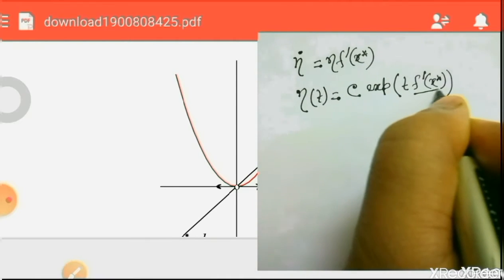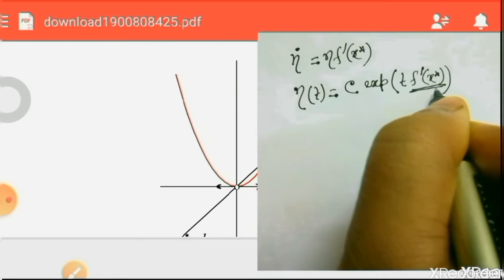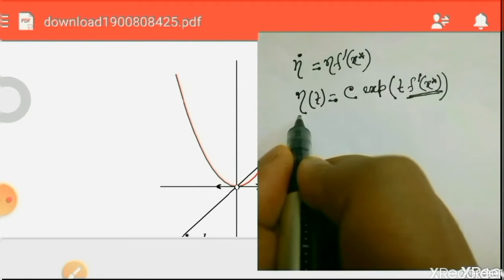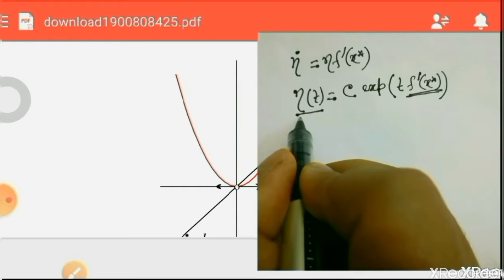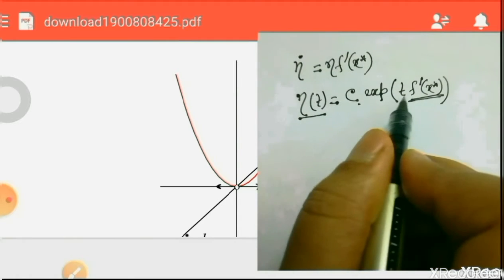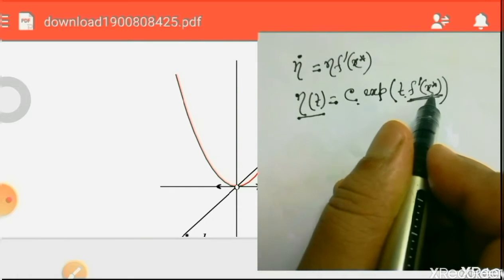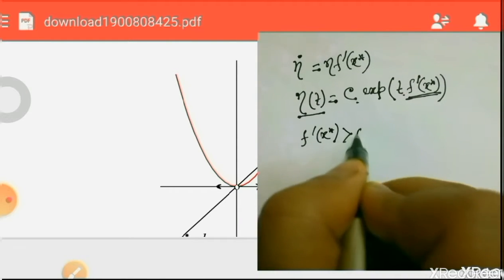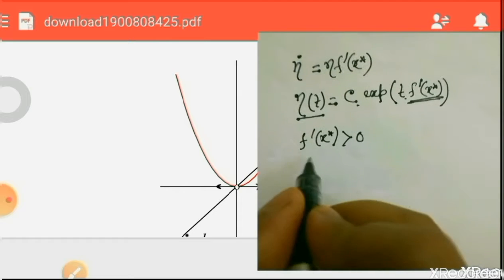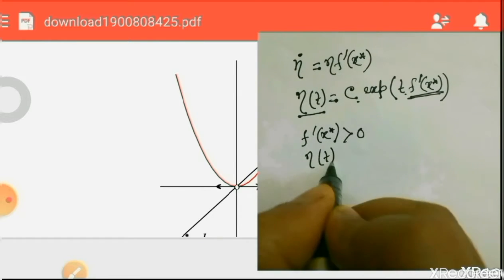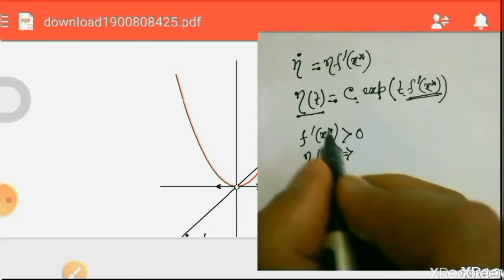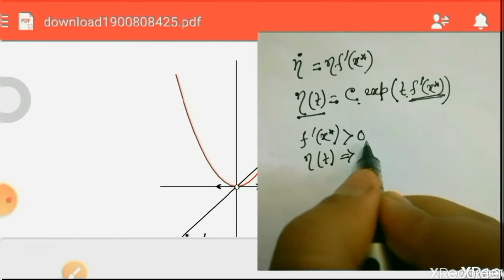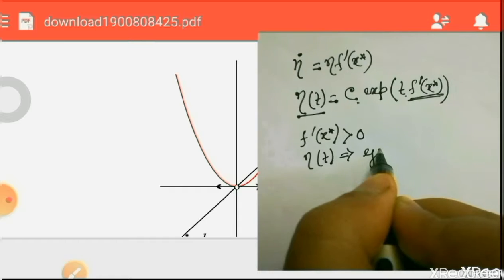Remember that f prime x star is time independent. So eta t denotes the perturbation, and its expression is c exponential t times f prime x star. Now, if f prime x star is greater than 0, then this exponent is positive and eta t will grow exponentially.